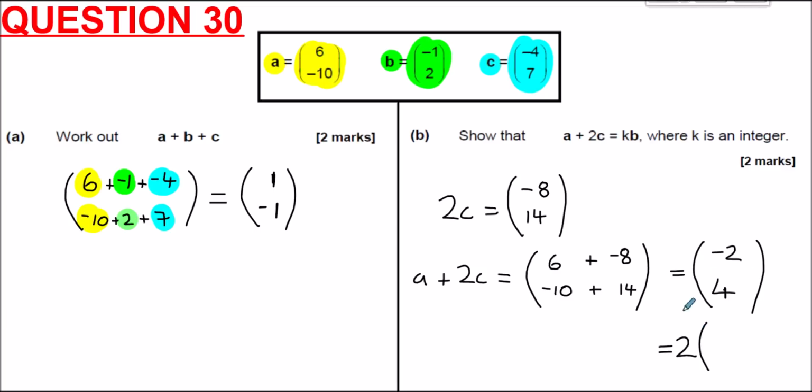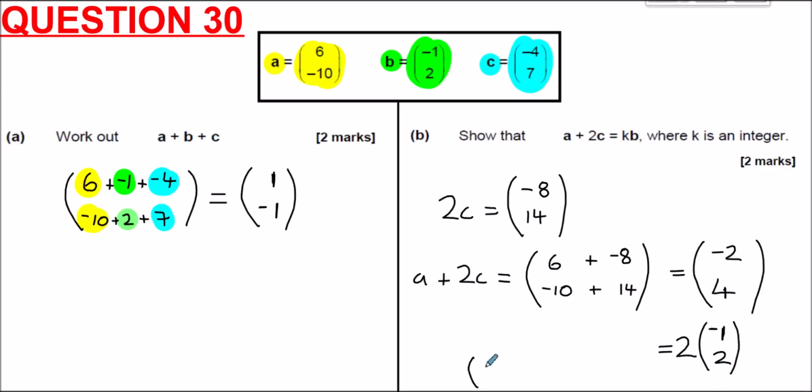So if we take 2 on the outside, we want to end up with minus 2. Well, 2 times 1 would give us 2. But because it's a minus 2, you need that to be a minus 1. And 2 multiplied by something gives us 4. That would be 2 times 2.